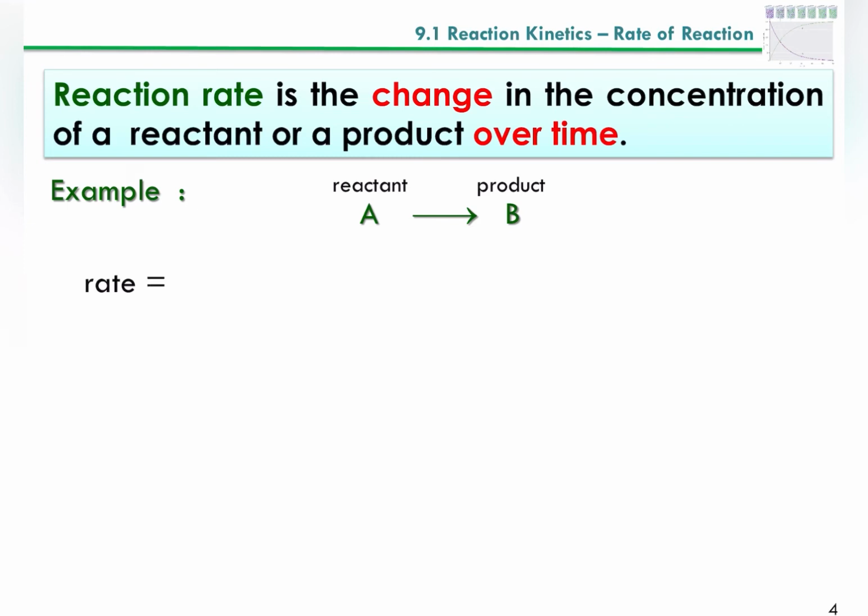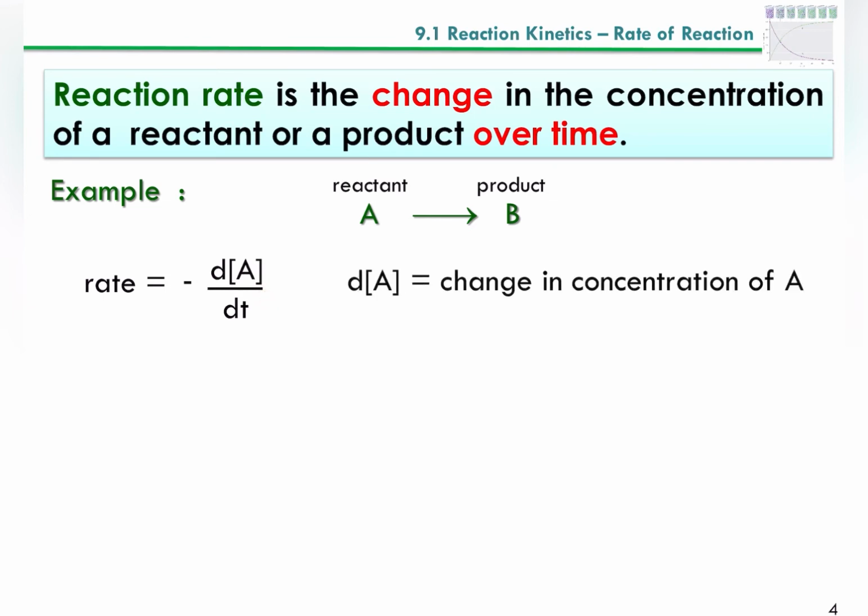So I will write it down, rate equals negative d[A] over dt. And as you see, d[A] is referring to the change in concentration of A. So the letter d itself is referring to the change. And then dt is the change of time or period of time.